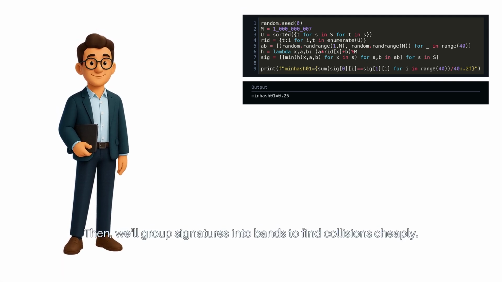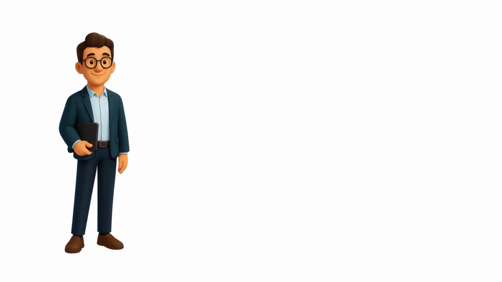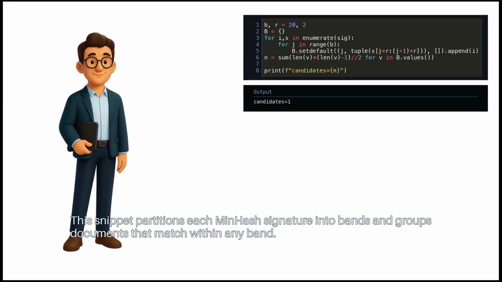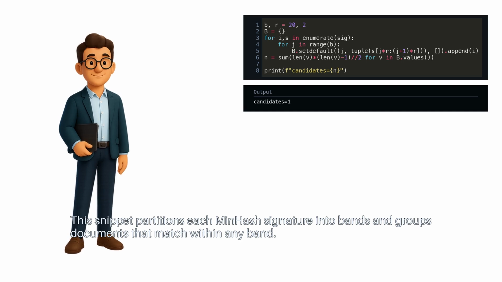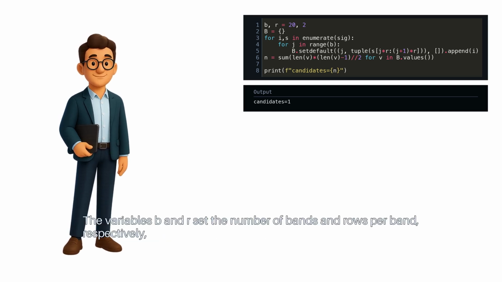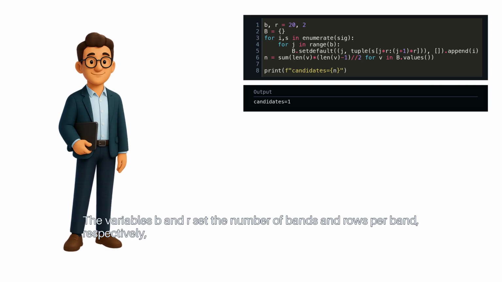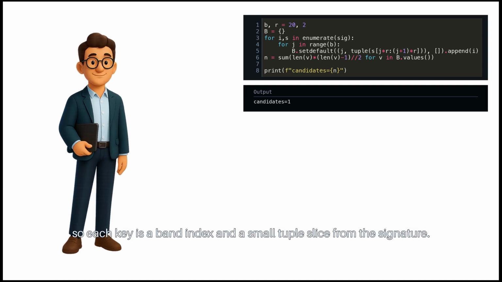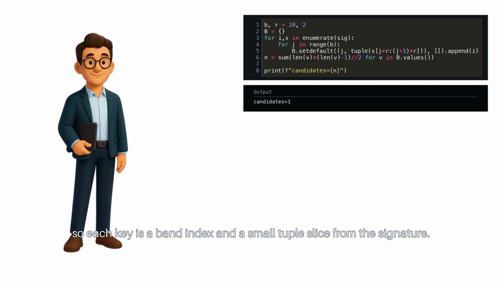Then, we'll group signatures into bands to find collisions cheaply. This snippet partitions each MinHash signature into bands and groups documents that match within any band. The variables b and r set the number of bands and rows per band, respectively. So each key is a band index and a small tuple slice from the signature.